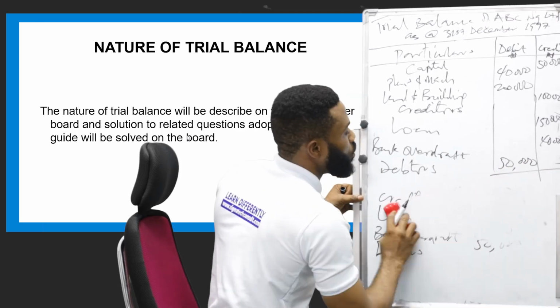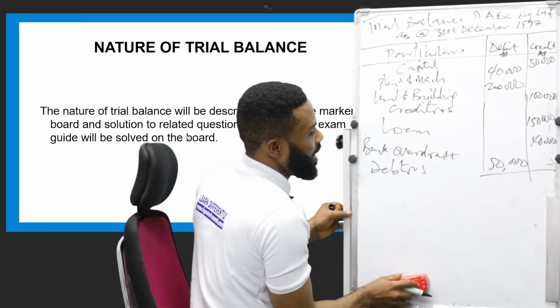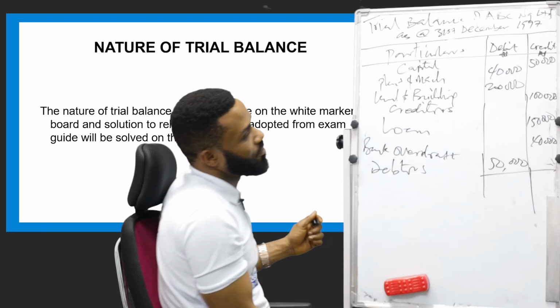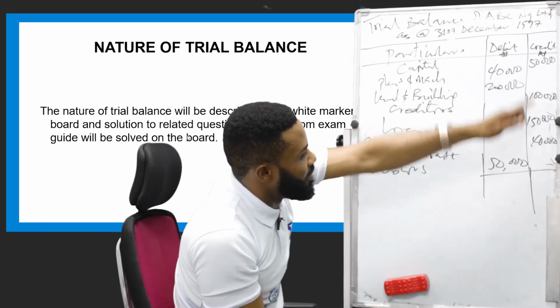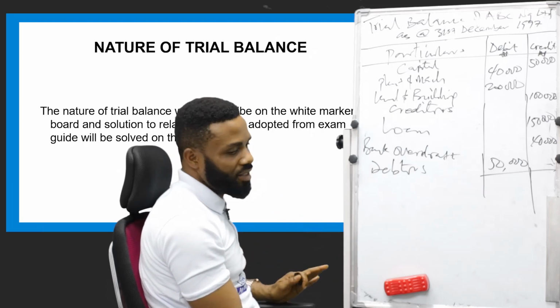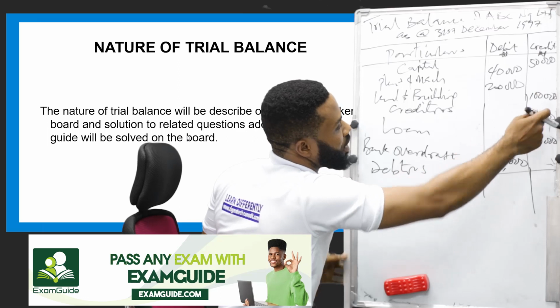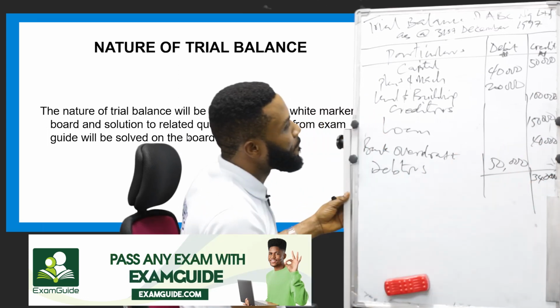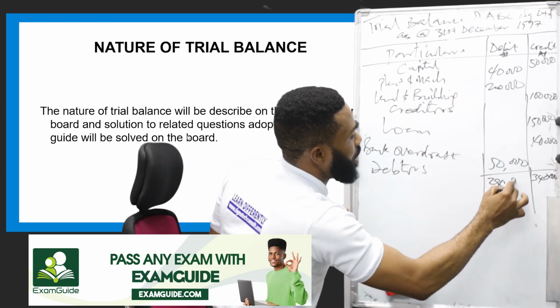This is how to go about trial balance. Now this trial balance, you are not going to add this side and this side. You are going to add this side and this side. What we are saying is that by right, when you add, this is 50, 150, 340, you have 340,000 here. This is 200, this is 290.